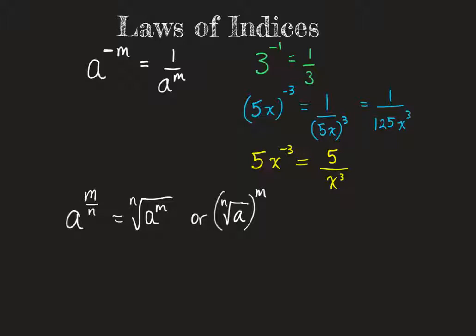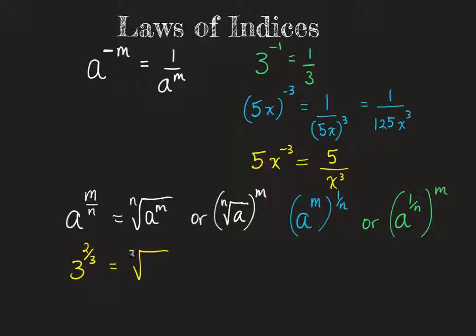But essentially, it's the same thing as an example would be 3 to the power of 2/3 is going to be equal to the cube root of 3 squared, right?